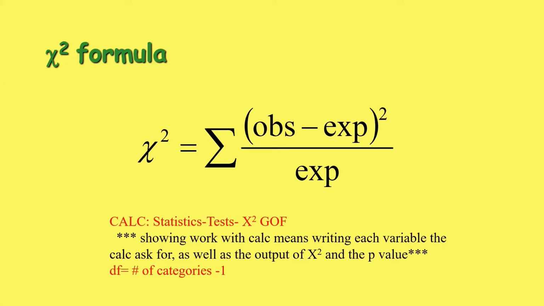But just like all our other hypothesis tests, you will get output, and showing work utilizing the calculator means naming the test, chi-square GOF, goodness of fit, and writing each variable the calculator asked for, making your observed and expected tables, and stating the chi-square value with the p-value, the alpha, and your degrees of freedom. And degrees of freedom equals your number of categories minus 1.